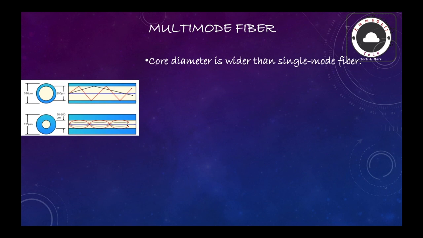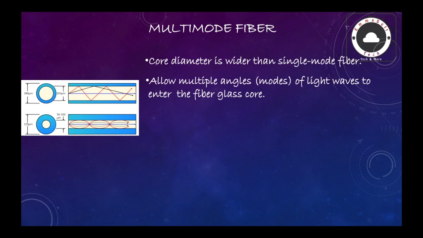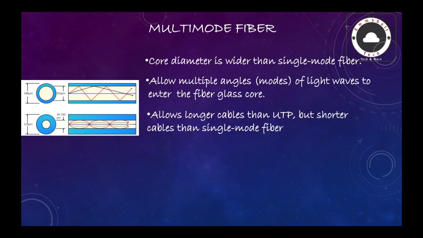So multi-mode has a wider diameter than the single mode fiber. So it means it can allow multiple angles or multiple modes of light waves to enter the fiberglass. Then also it allows longer cables than UTP, but shorter than single mode fiber.